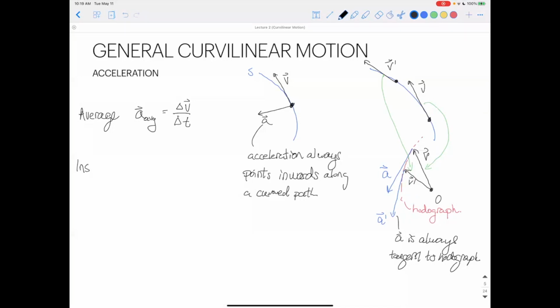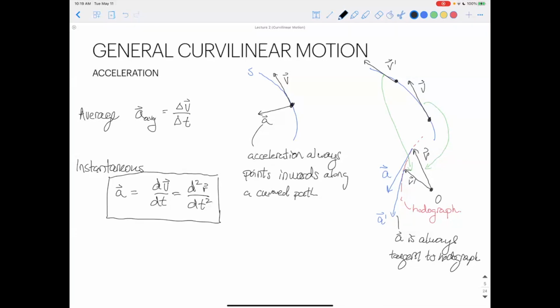And then we have our instantaneous acceleration, let me draw it down here. Our instantaneous acceleration a is equal to the time derivative dv dt, and since velocity is the time derivative dr dt, we can rewrite this as the second derivative of position, d squared r dt squared. So this is the general equation for our acceleration.